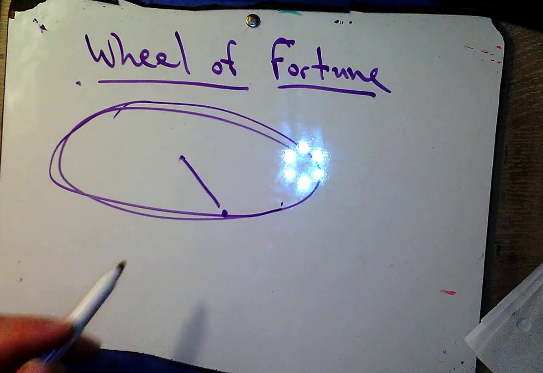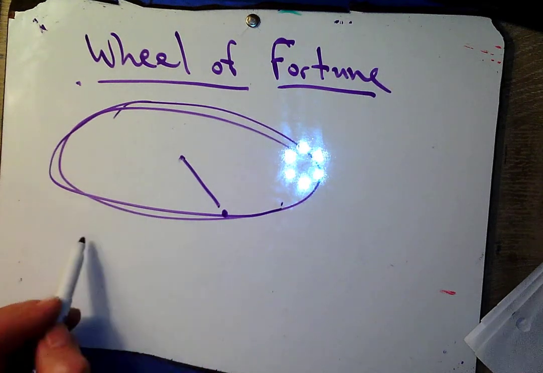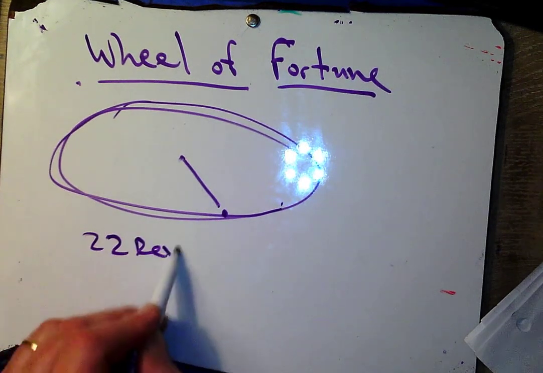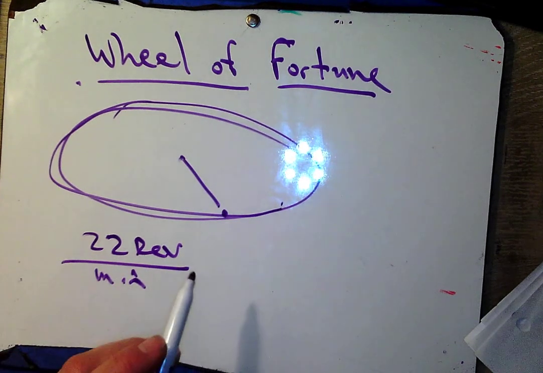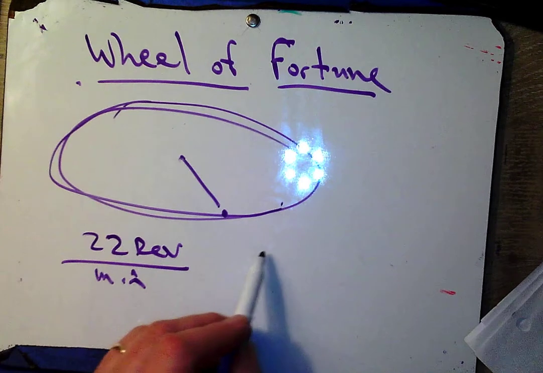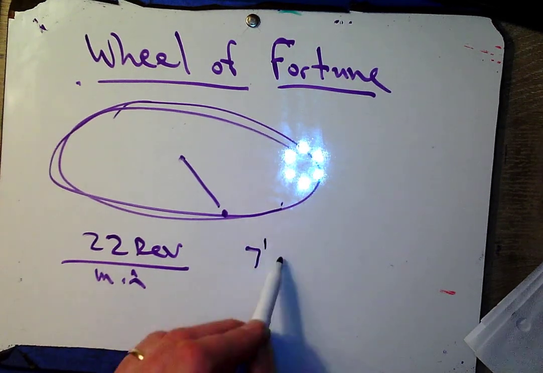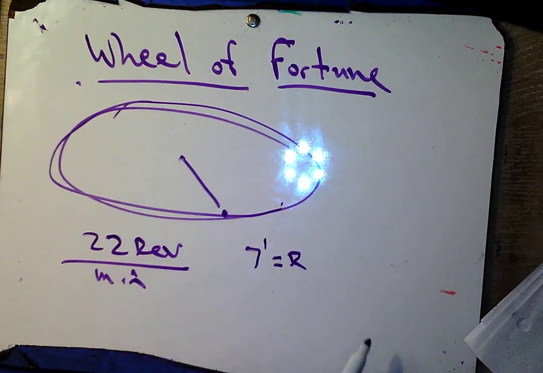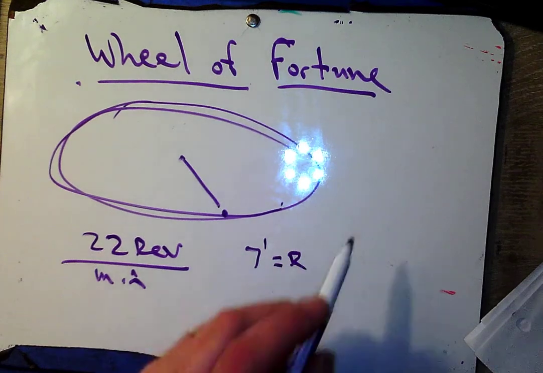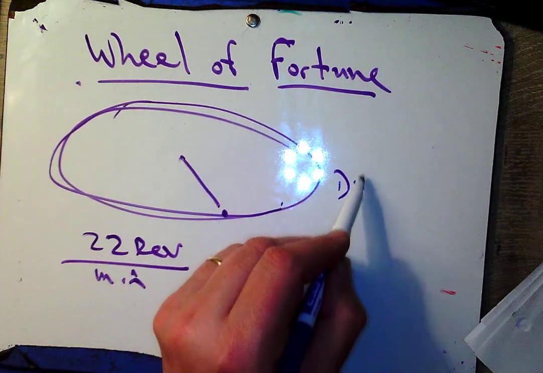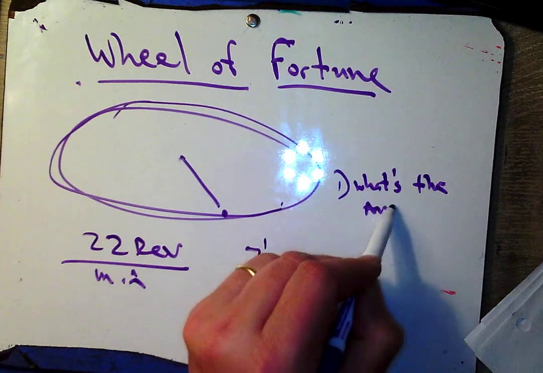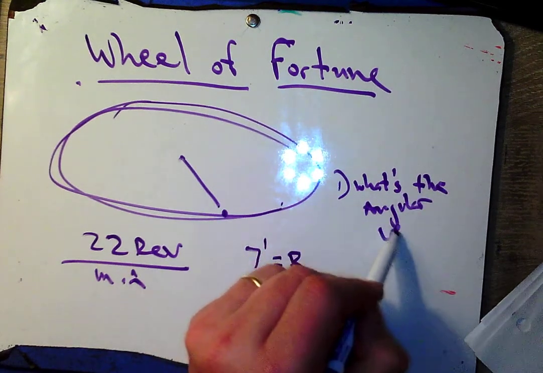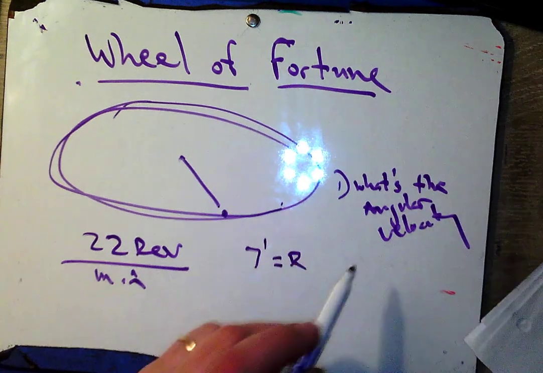So they put all their might into it, and that's 22 revolutions per minute. Okay. The radius is 7 feet. And what I'd like to know is, 1, what's the angular velocity of the wheel?